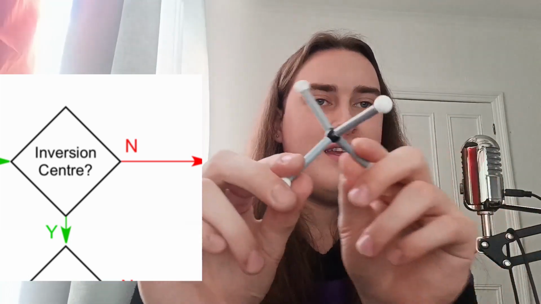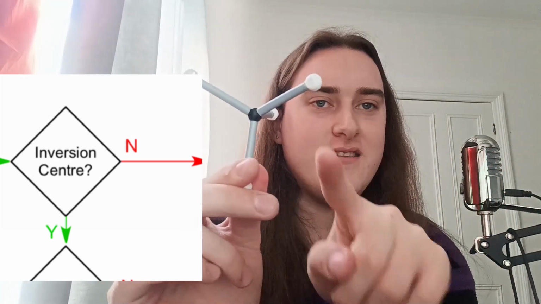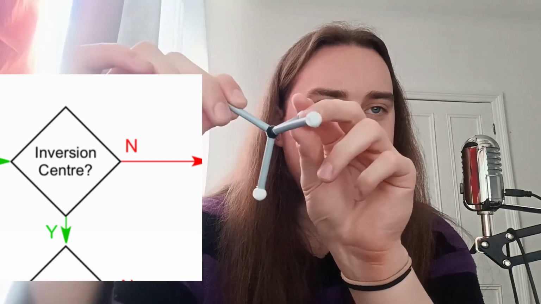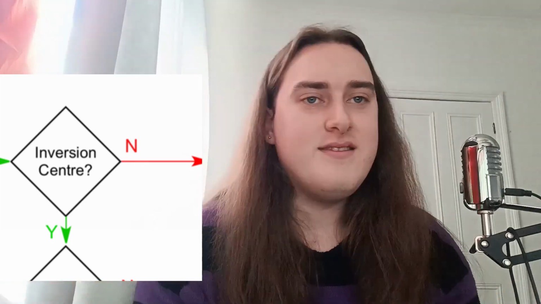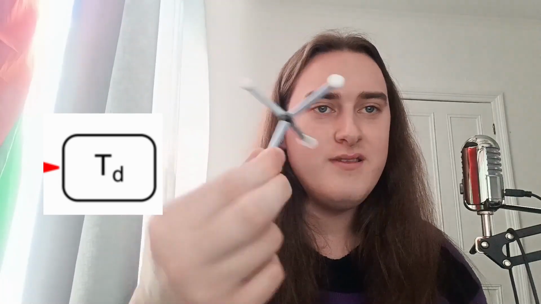So if we invert through the center of symmetry, it comes out to the other side, and there's nothing there. So it would essentially be like this, right? That's not identical, and therefore this point group is Td, which is tetrahedral. And we know methane is tetrahedral. That's just basic chemistry. So there we are.